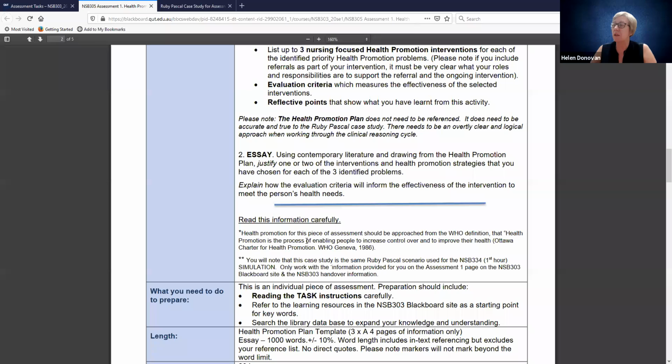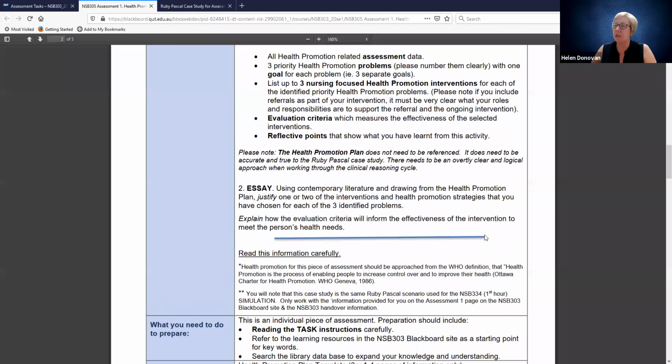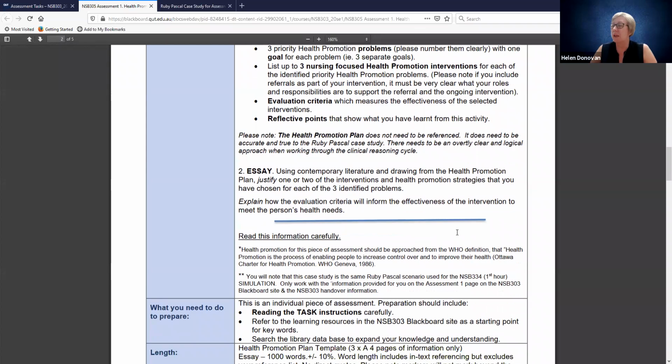It says here that we are working with this definition from the World Health Organization, that health promotion is the process of enabling people to increase control over and to improve their health. So all the way through your paper, you should be constantly thinking, is this what I'm doing? Are my interventions, are my goals, is my aim to enable the people to increase control over their health?